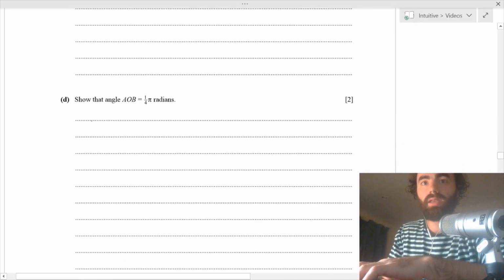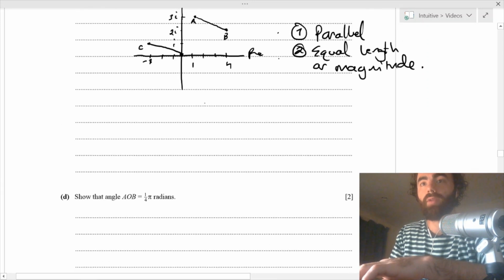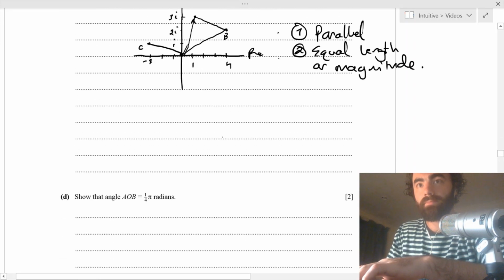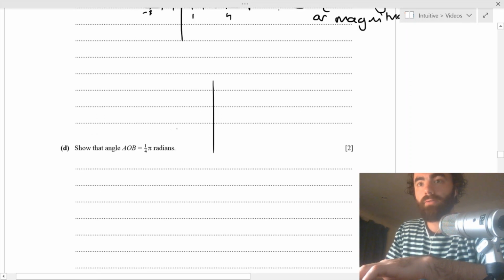Okay, and it says here, now show the angle AOB is pi over 4 radians. So AOB is this. So if we have, I'm just going to redraw this, A, which remember is our U complex number, and B, which is our V complex number.